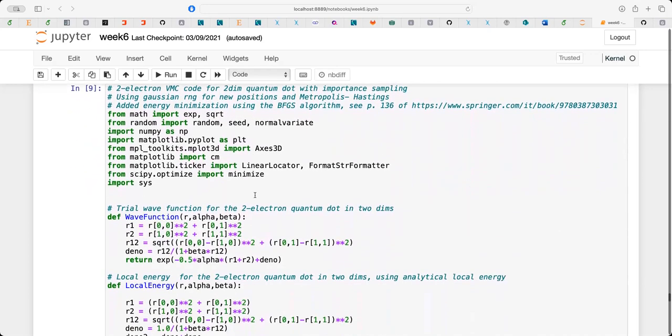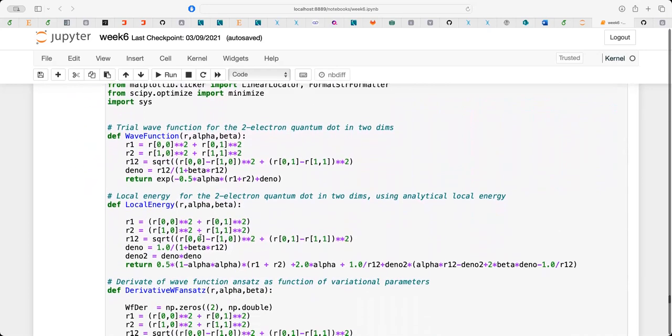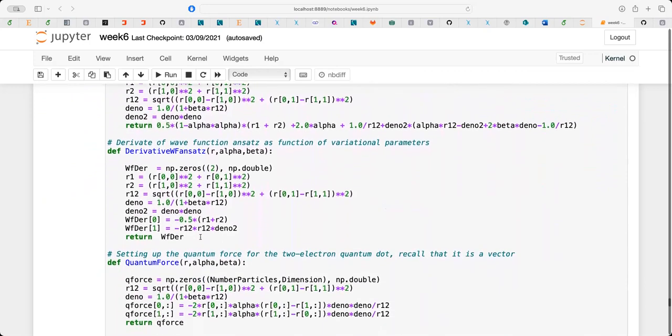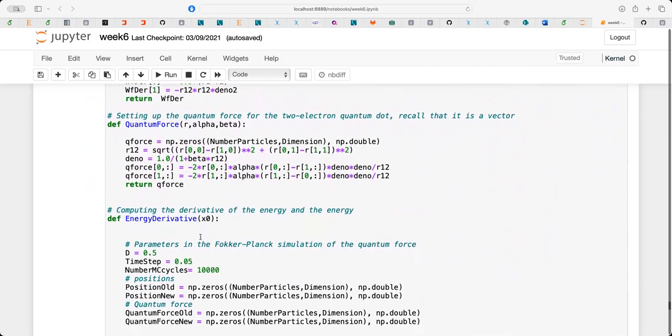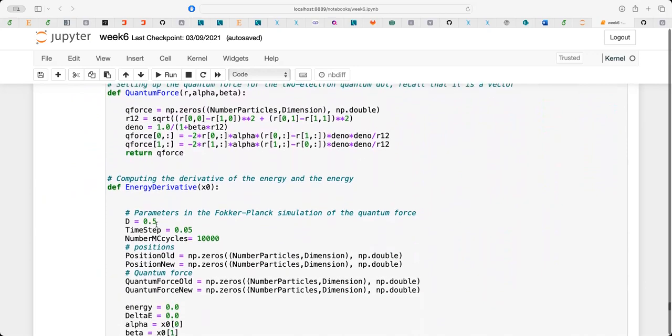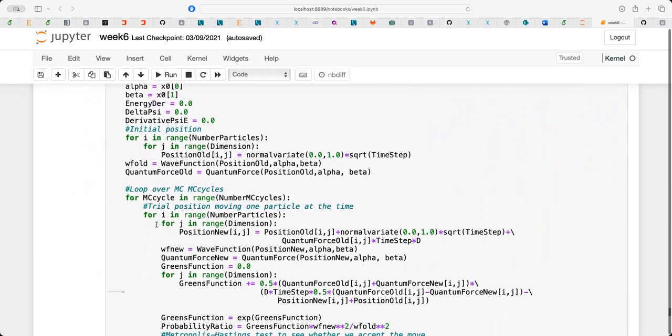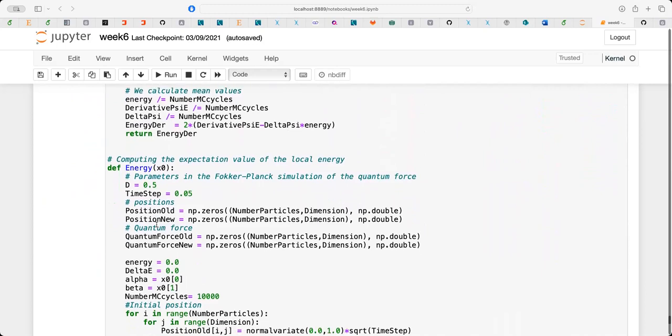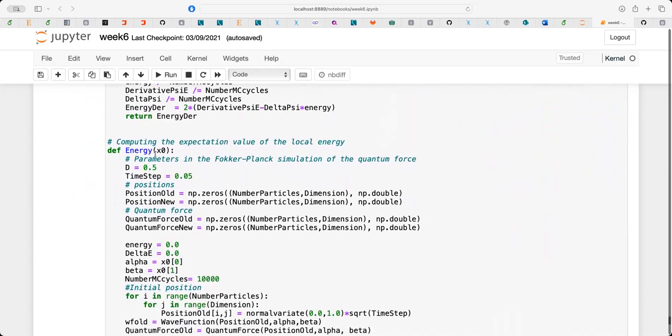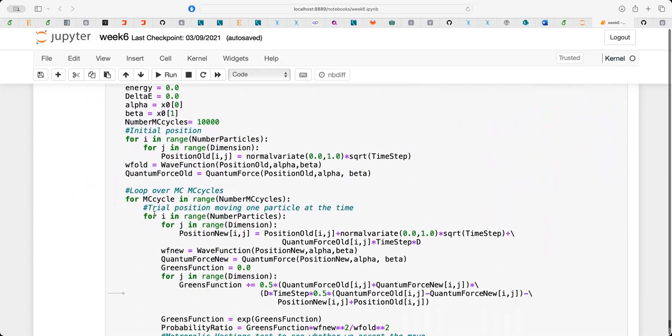Now, in Broyden's method, you will see that I have the same things: local energy, the derivative, quantum force, etc. But now I need to provide a function which calculates the derivative of the energy. And this is done by essentially the same recipe we had before. But then you need also a function which returns the energy.